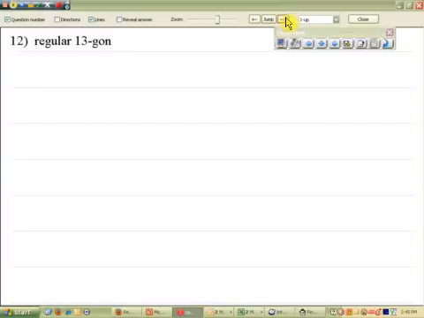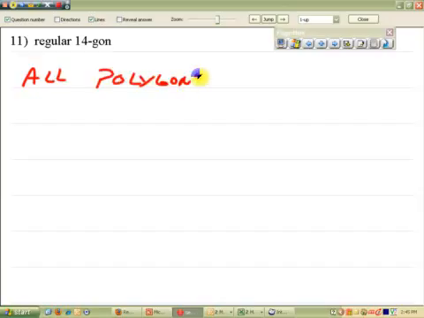And number 11 here, it says they want to know how much one exterior angle in each polygon equals. Well, since all exterior angles of a polygon equal 360, no matter how many sides a polygon has, the exterior angles together equal 360.